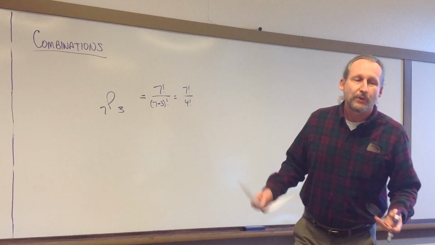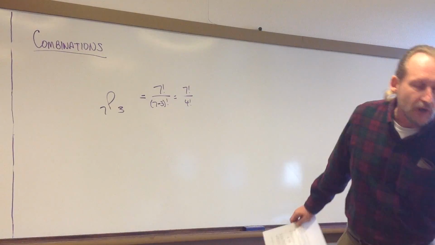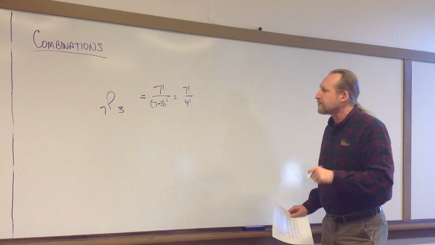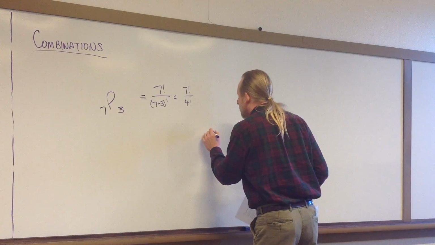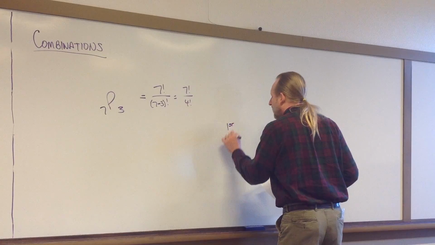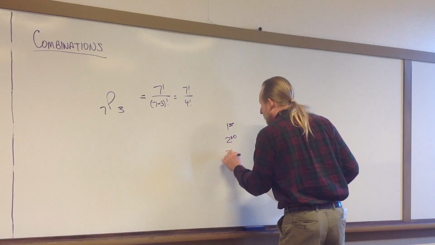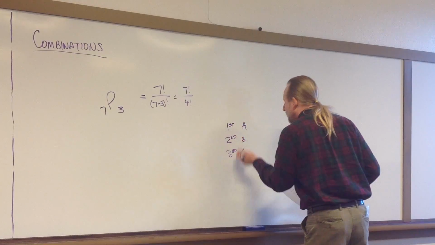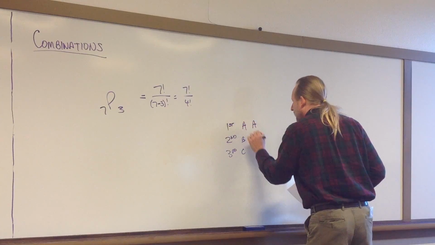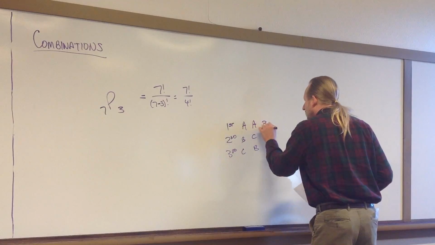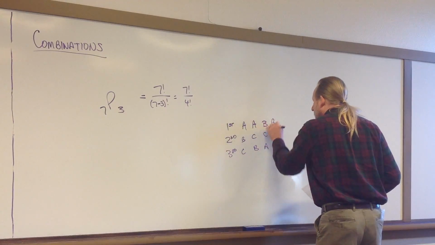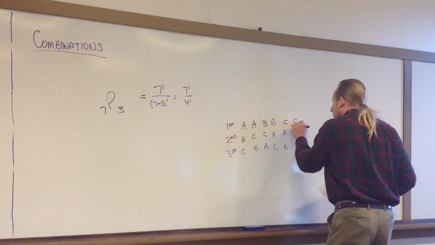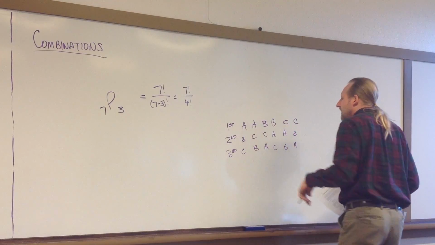So what we want to do is cancel out or divide out all of the repeated groups of 3. Well, if you think about it this way, first, second, and third place, A, B, and C, you could have A, C, and B, B, C, and A, B, A, and C, C, A, and B, C, B, and A, right?